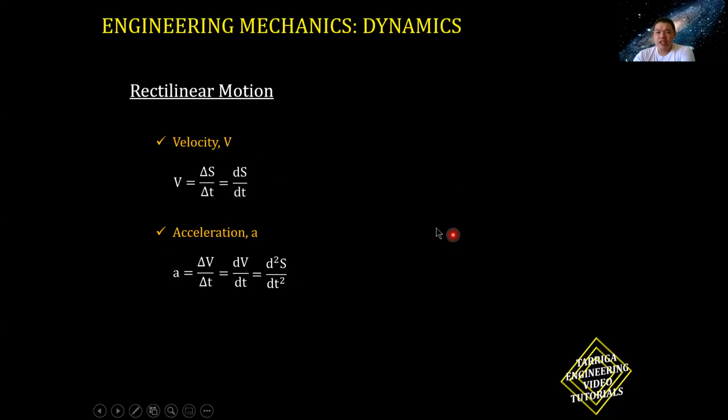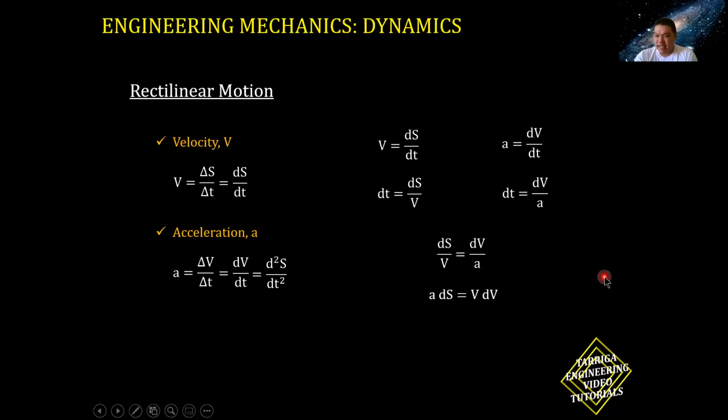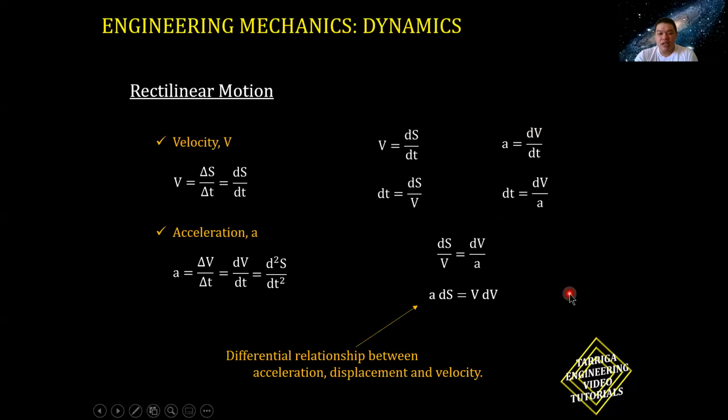So we now have the relationships V is equal to ds over dt and A is equal to dV over dt. If you rearrange these, we get dt equals ds over V and dt equals dV over A. By equating both dt, you get A ds equals V dV, and that is the differential relationship between acceleration, displacement, and velocity.